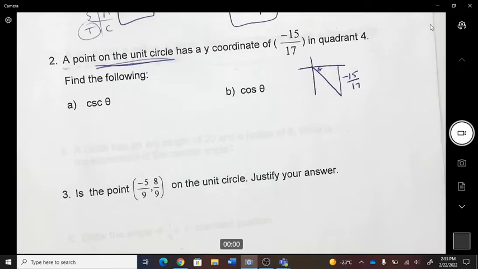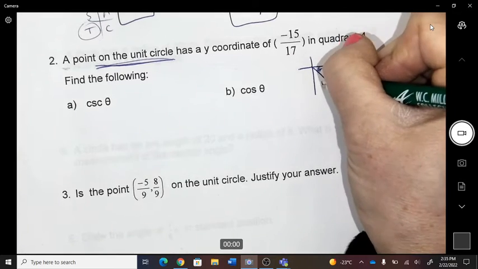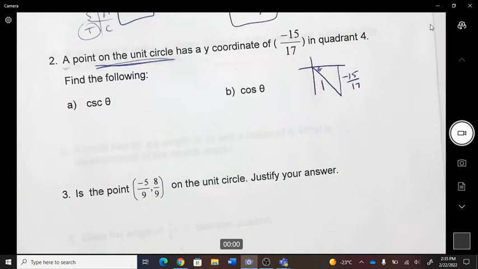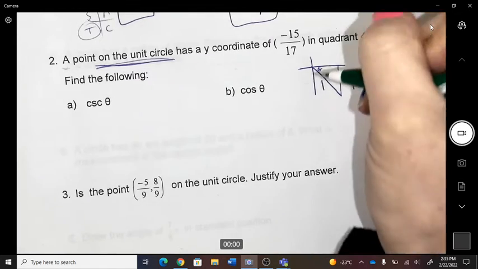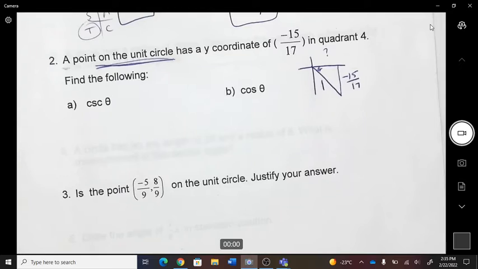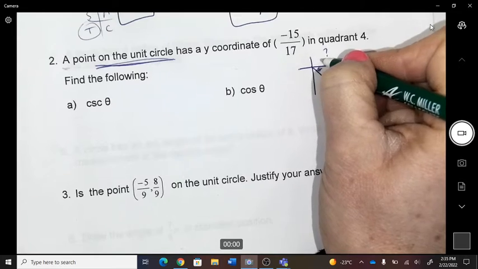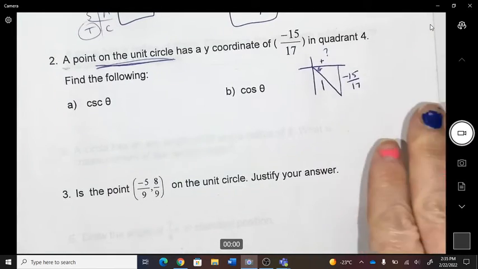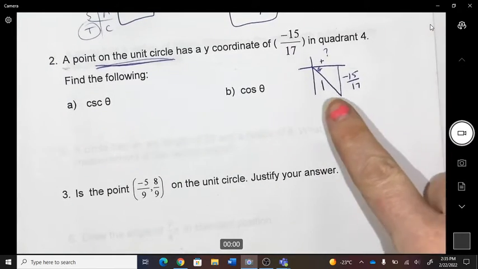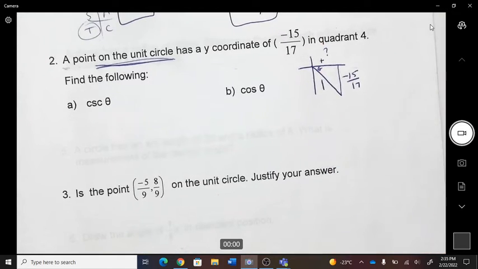What do you know? 1 is the radius, right? So can you get me that missing side? Is the idea, what is this going to be, positive or negative? Positive. Okay, so I could do this squared, subtract this squared, and so on.